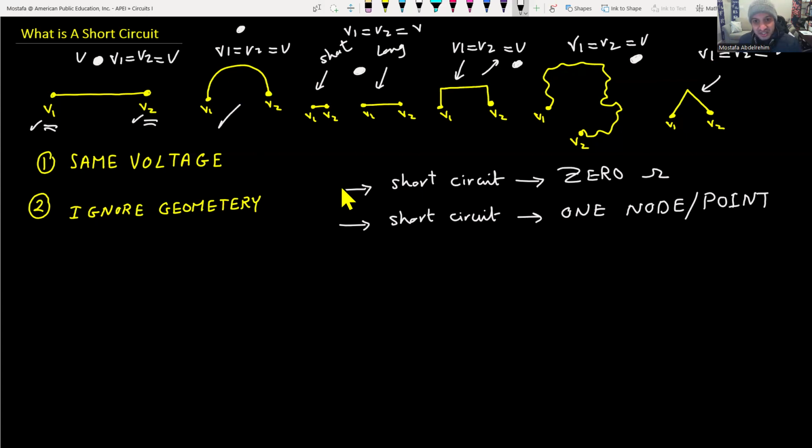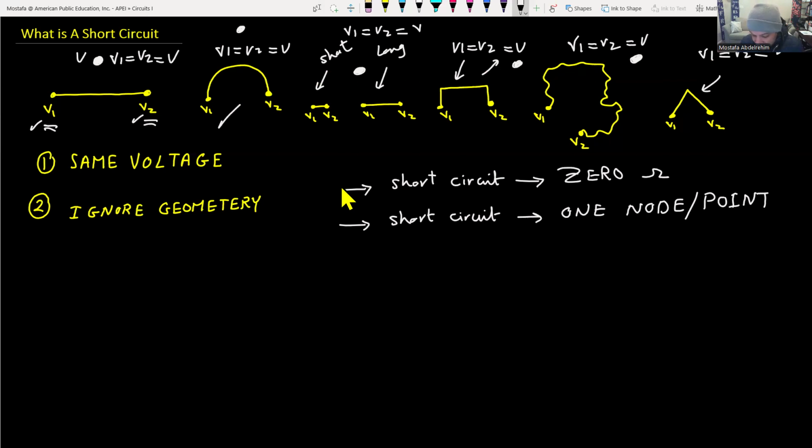If the resistance is zero, short circuit, that means the shape doesn't matter. We can manipulate it, make it long or short, draw it as a rectangle, draw it as a wire, curvy, whatever. It is basically a short circuit. It's just one node that we elongate.